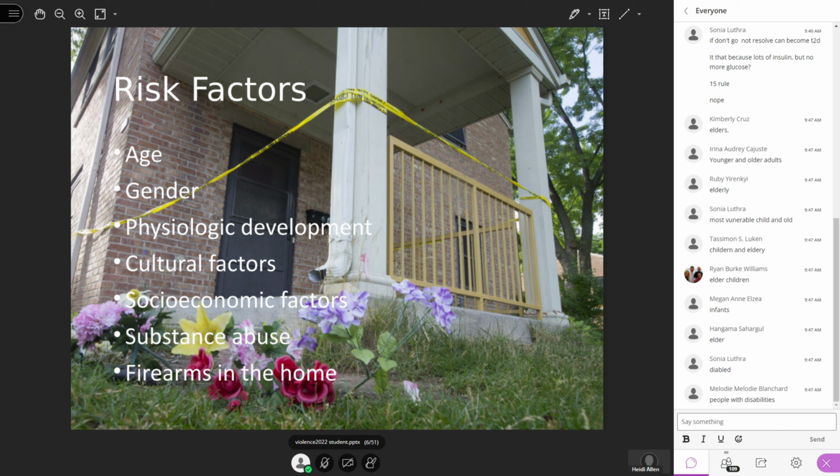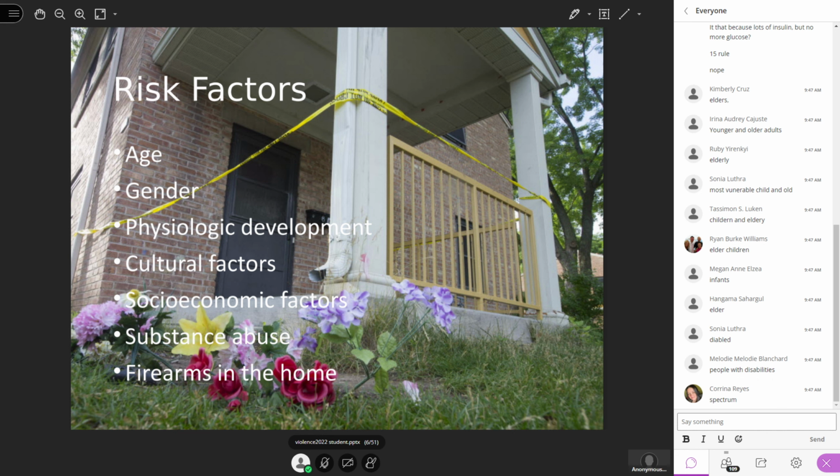Yeah, disability. There you go. All right. I think we will see that it tends to increase based on socioeconomic factors, if there's a substance abuse issue with a person, or if there are firearms in the home.